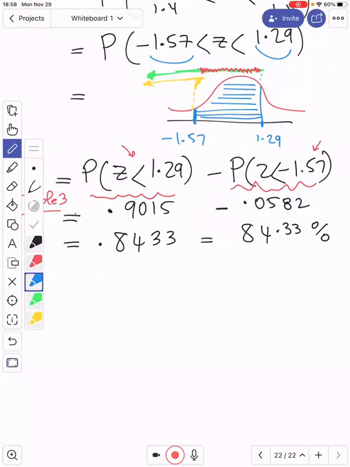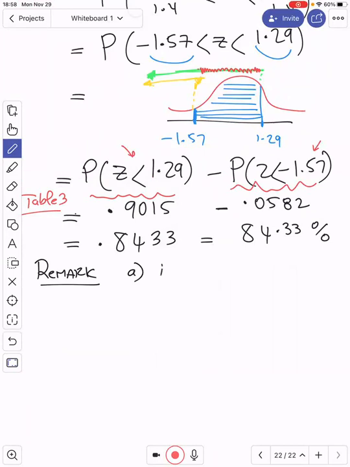Let me just write down the remark. So in question A, there's nothing new. A was discussed in section 7.3. Okay, so nothing new here.